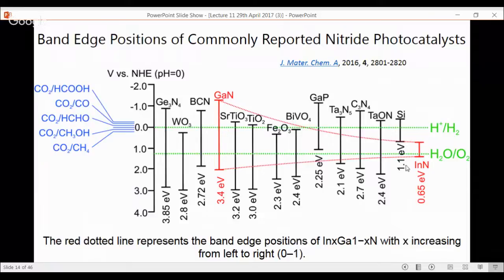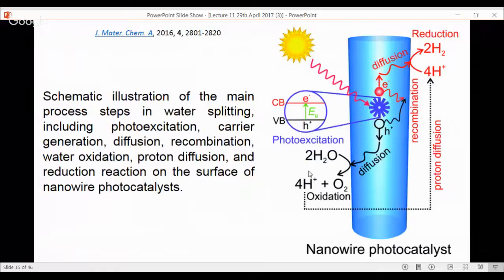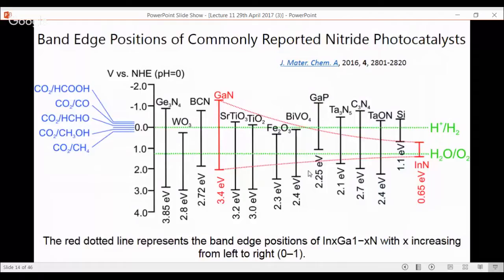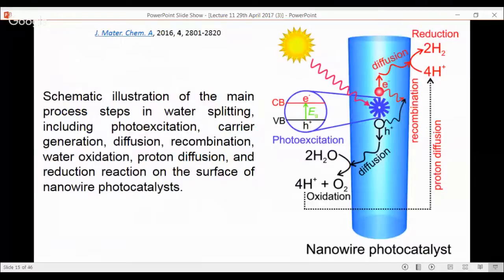When I go from gallium nitride to indium nitride, the band gap will decrease, tentatively or intuitively, along the red lines that are shown. We will be having an opportunity to talk about the elemental semiconductors if time permits in the coming future.